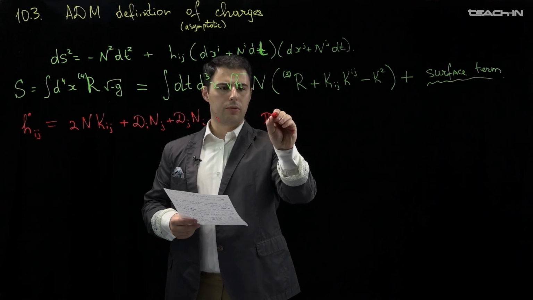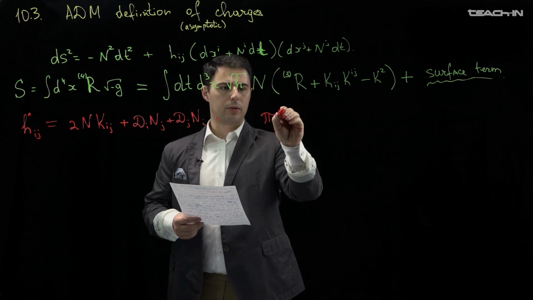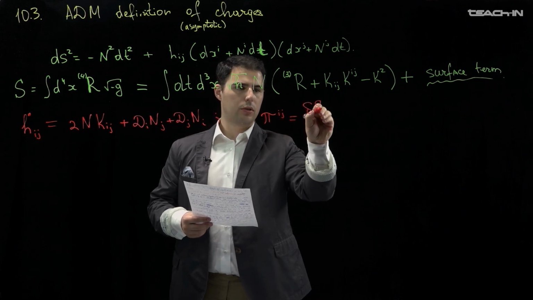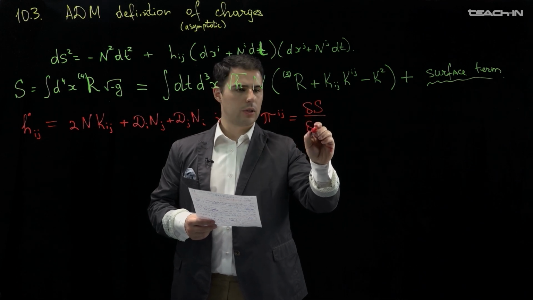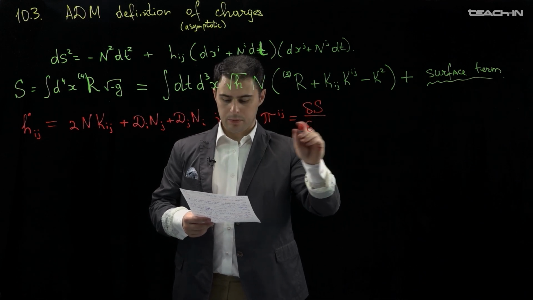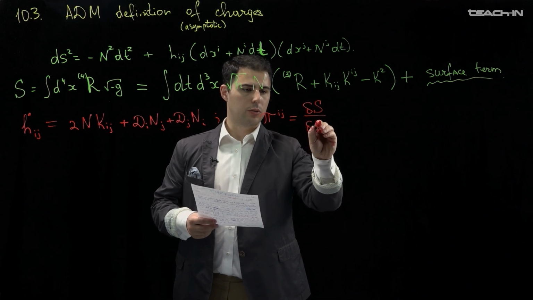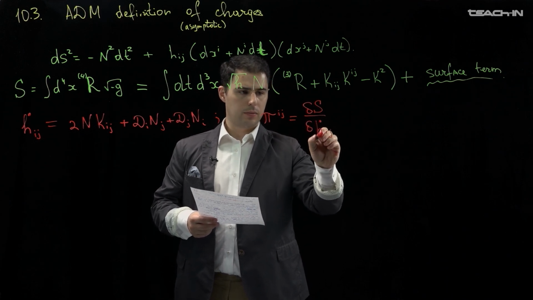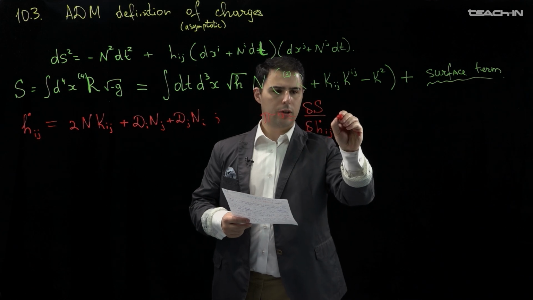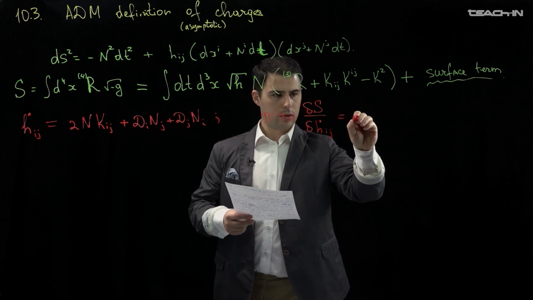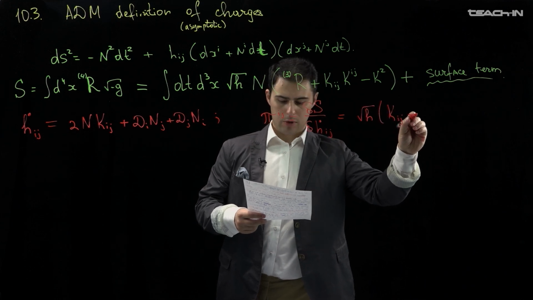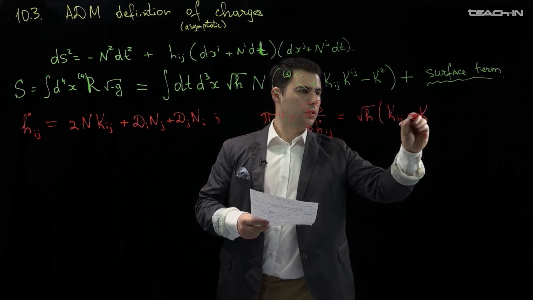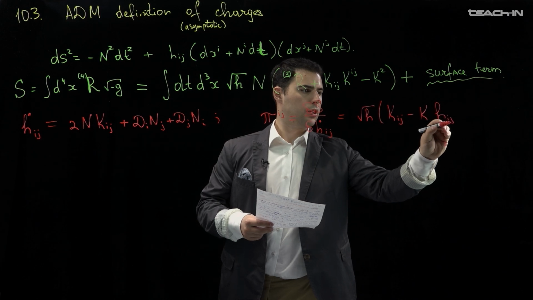From this, we can define the conjugate momenta P^ij as the variation of the action with respect to the time derivative of h_ij, which is square root of h times (K^ij minus the trace of K times h^ij).